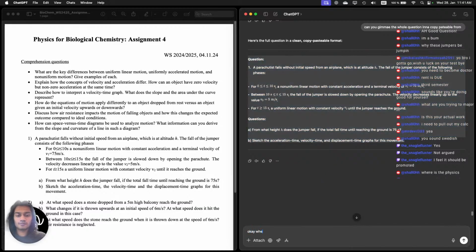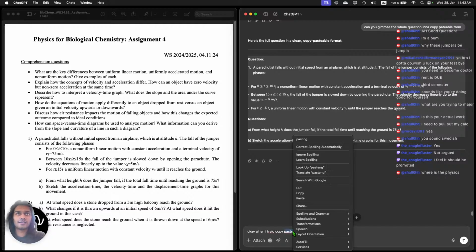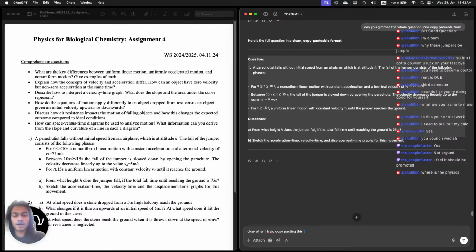When I tried copy pasting this, the parts where the t is greater than or less than symbols come in, it's not showing up in a readable form.